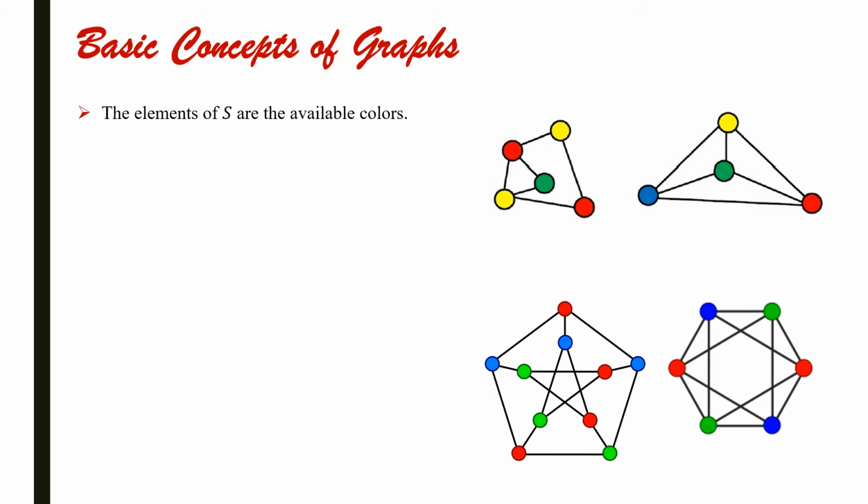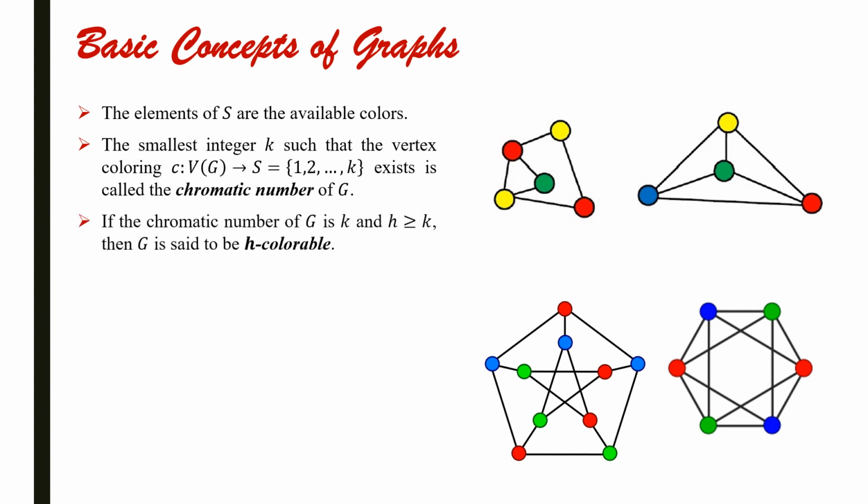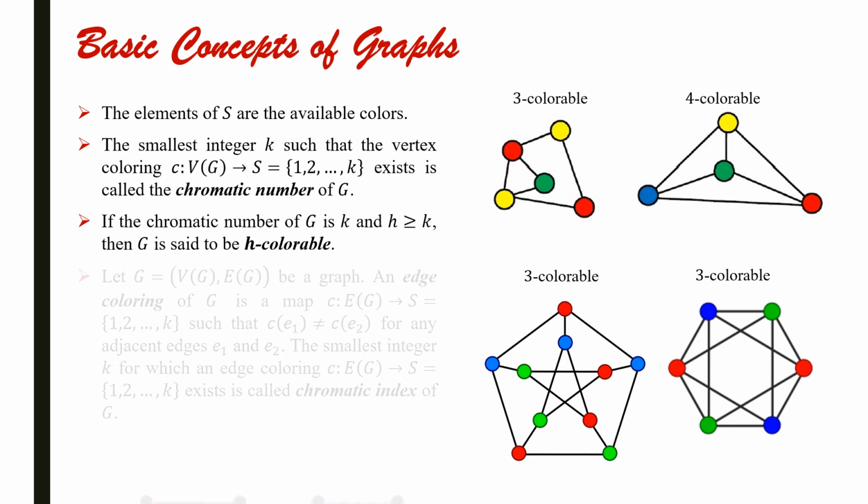It is important to note that the elements of S are the available colors. We define the smallest integer k such that the vertex coloring C exists to be the chromatic number of G. And when the chromatic number of G is k, where k is less than or equal to an integer h, then G is h colorable. This is illustrated in these examples.